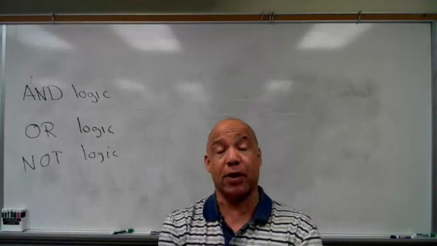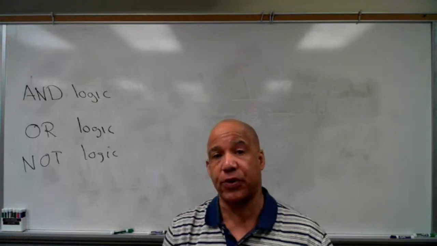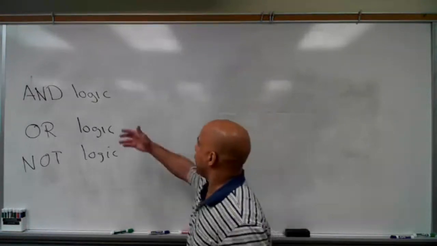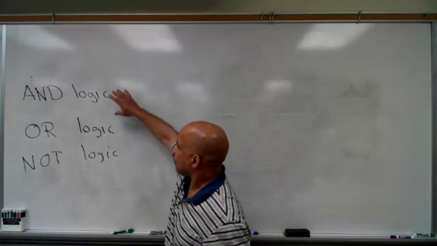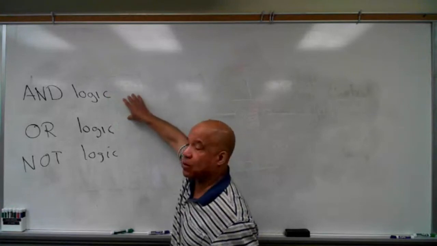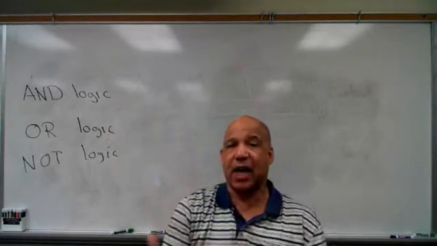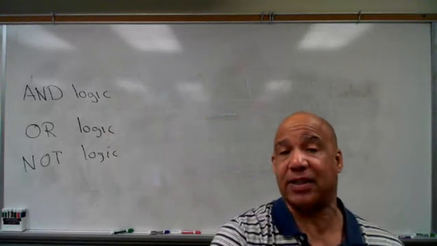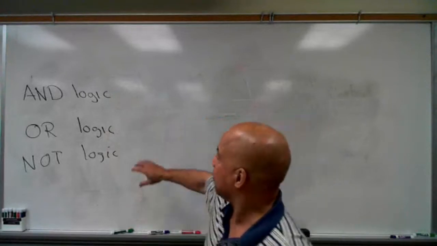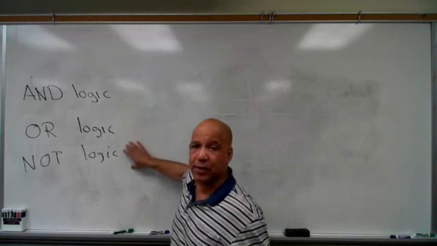You want your circuit to make a decision. How would you do that? Well, you would use a combination of these logical functions, or logical circuits for now, and you can set it up so that the electronics make a decision for you. These are the most basic ways that you can make those decisions.